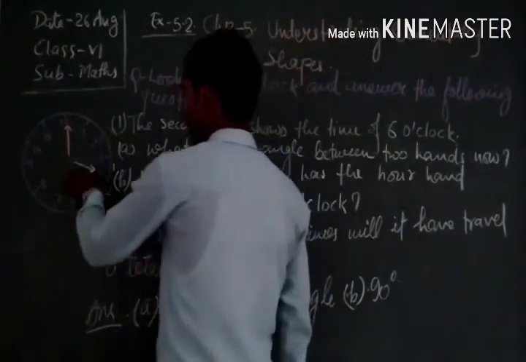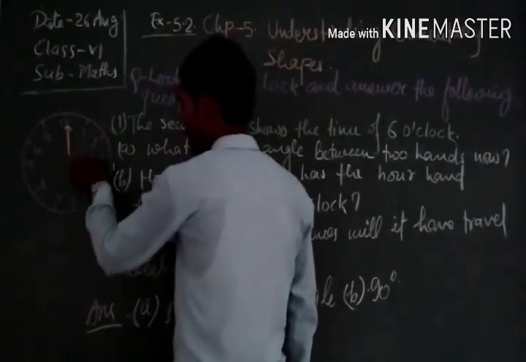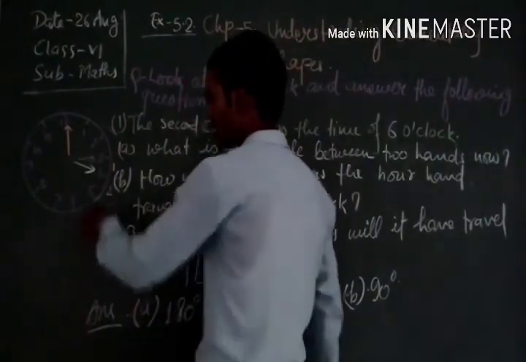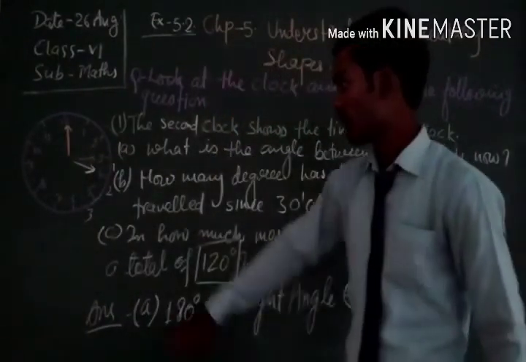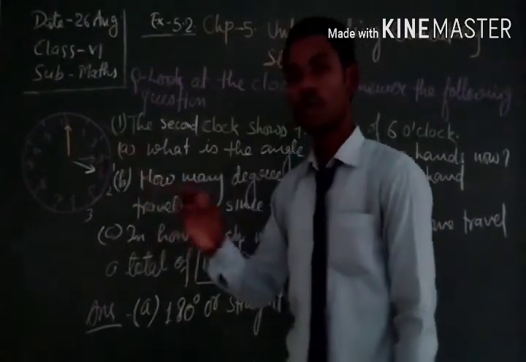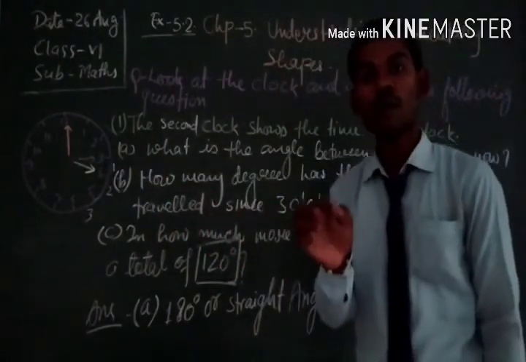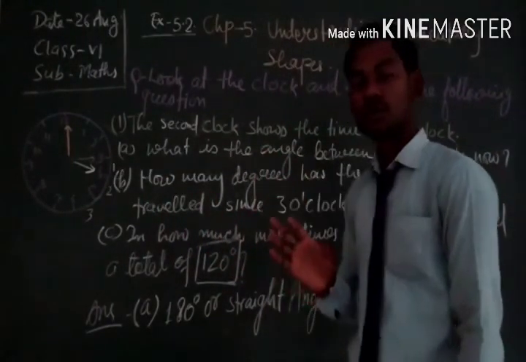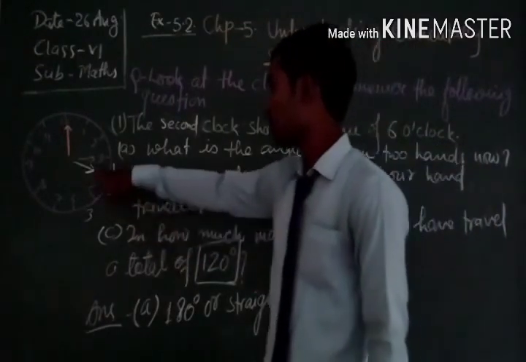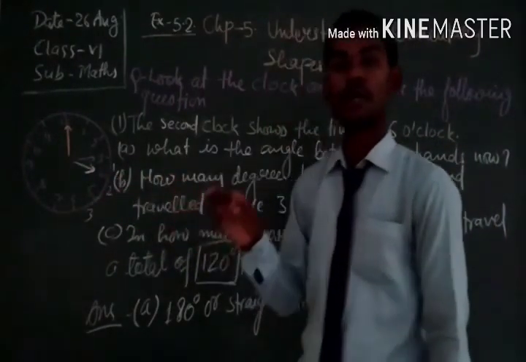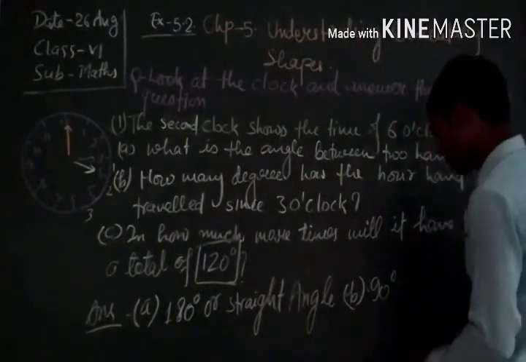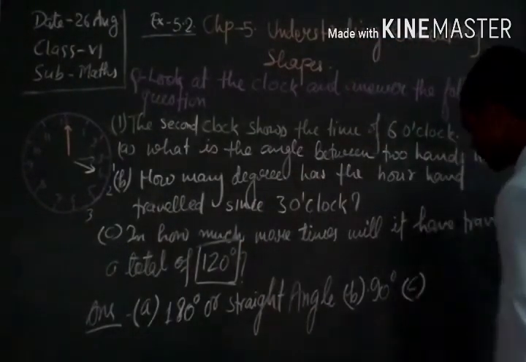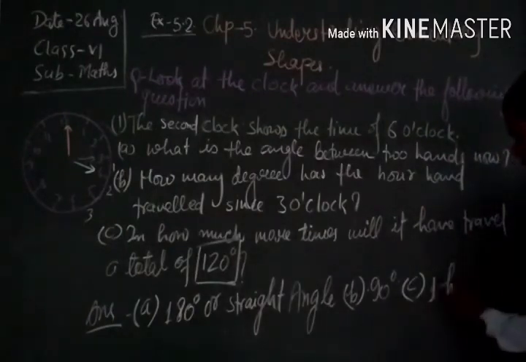And the hour hand was initially at 3. So when it moved from 3 to 4, then just 1 hour passed. So our answer will be 1 hour required to form a 120-degree angle. So the answer C will be 1 hour.